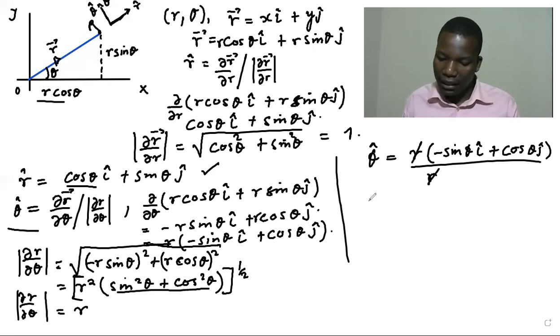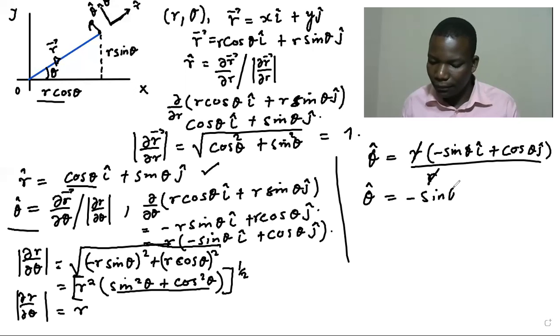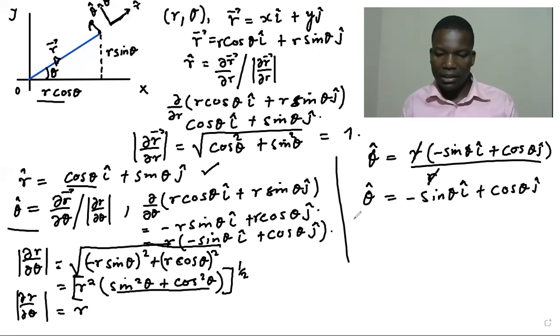So r and r cancel, and we have negative sin theta i plus cos theta j. This is how we derive the unit vectors.